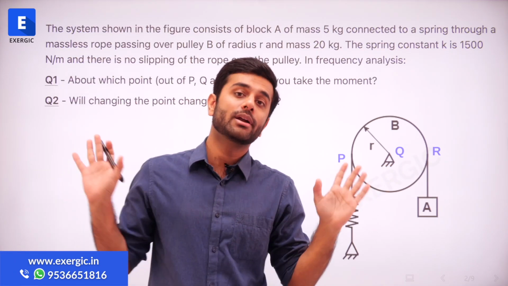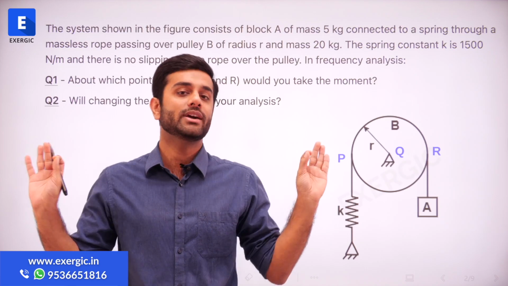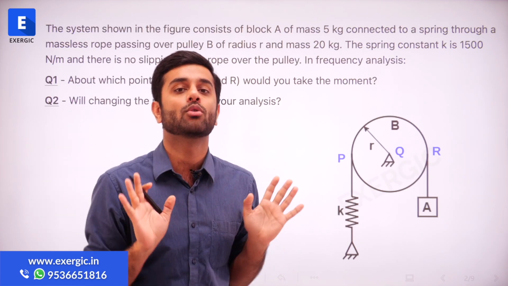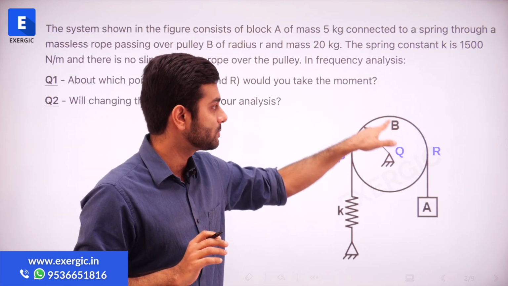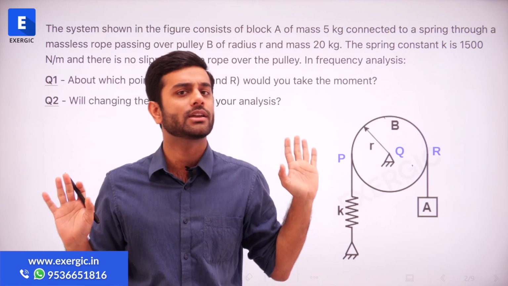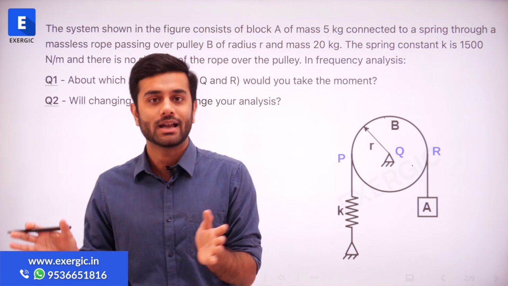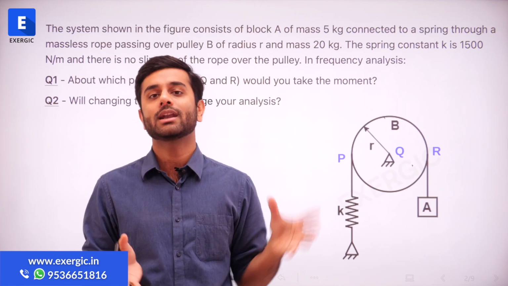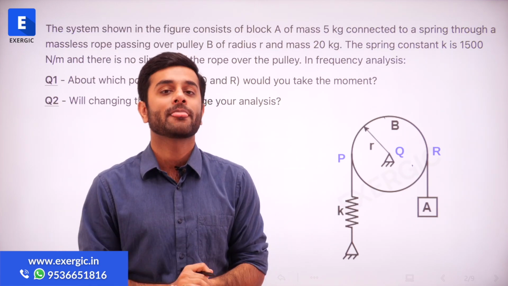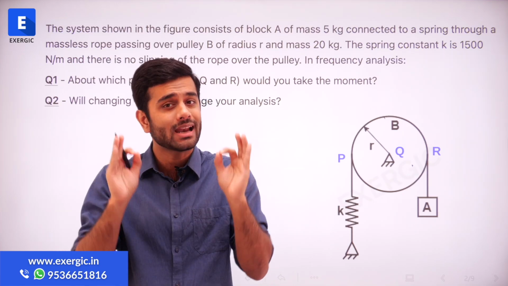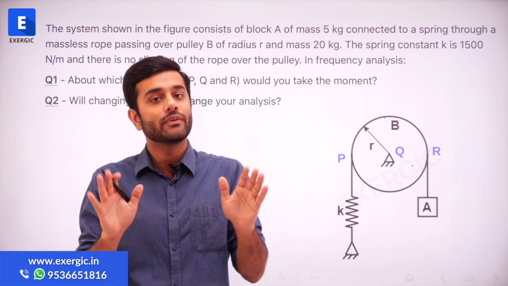I have full liberty, full freedom, full choice. I can choose any point to take the moment: this point, this point, any point. I find the moment about that point and equate it to 0, right? Net clockwise and net anti-clockwise moments I can equate. I have the freedom to do that when it is a static system, when it is not moving, not accelerating at all.